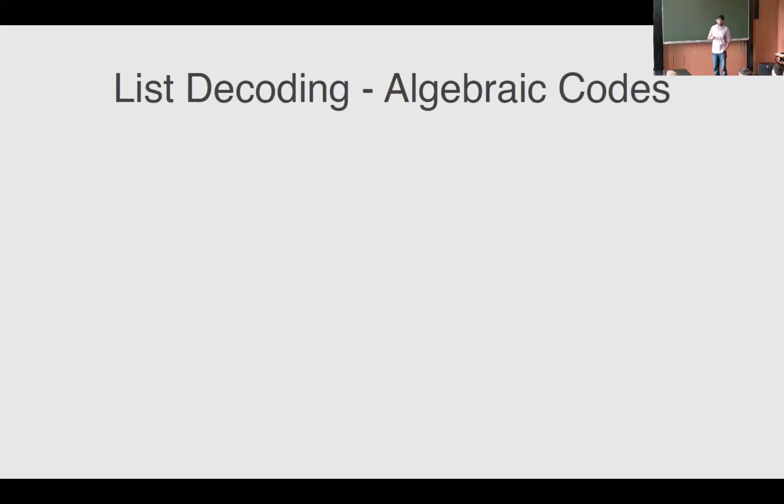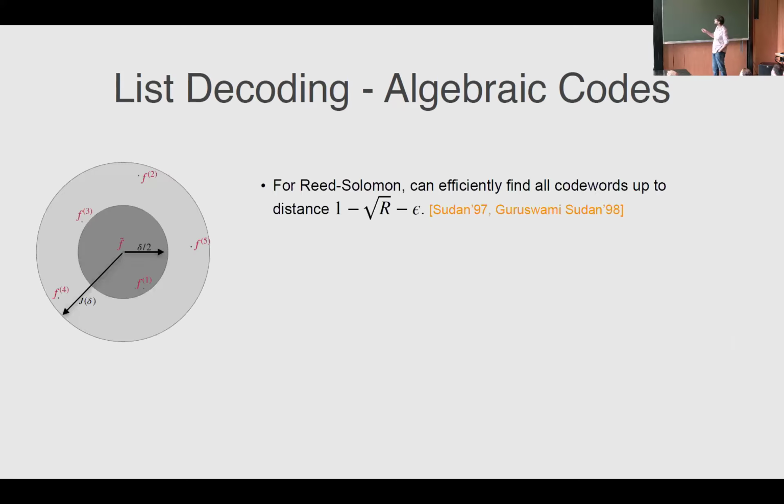So in the last two talks, we saw a lot of work on list decoding for algebraic codes. So very quick hand-wavy results maybe. A lot of this line of work on list decoding algebraic codes started from works of Guruswami and Sudan in the late 90s, where we got results that said we can efficiently list decode up to the Johnson radius for any Reed-Solomon code.